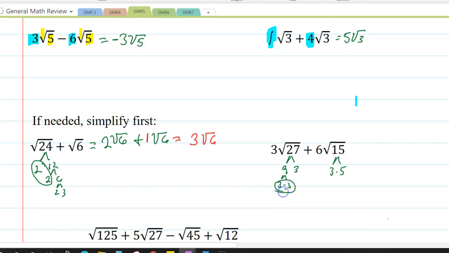I take out this 3, and that leaves me with a 3 already in front times the other 3, square root of the 3 that's left over, plus 6 square root of 15. 3 times 3 is 9 square root of 3 plus 6 square root of 15. Since there are no like terms, I cannot add or subtract anything. I did simplify my radical, so I am finished. If you hadn't simplified your radical, you would not be finished and would have gotten the problem wrong.